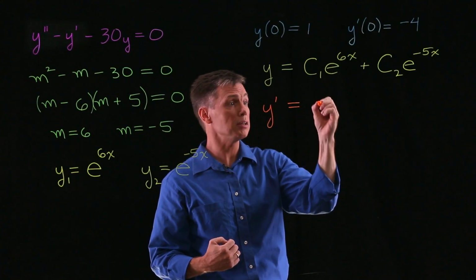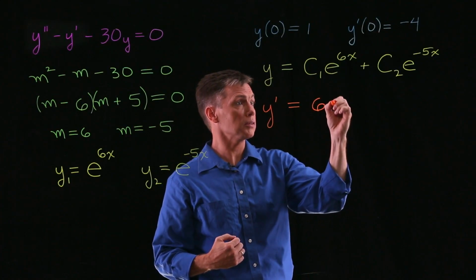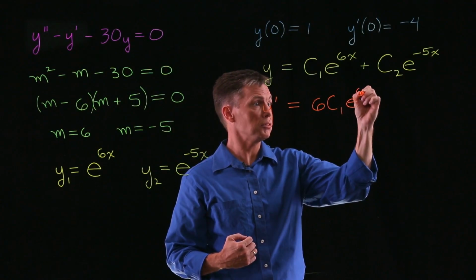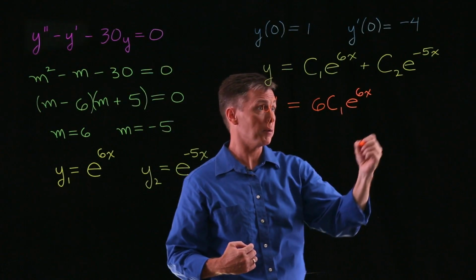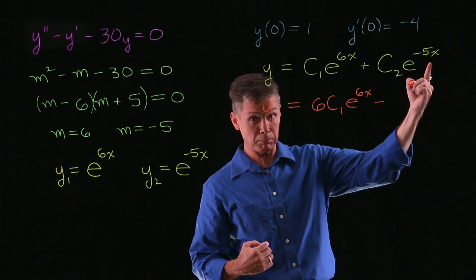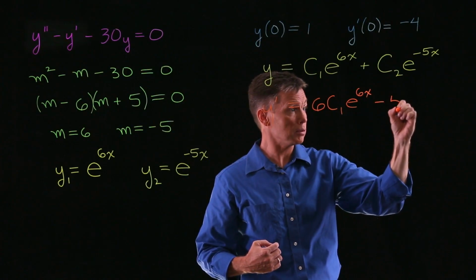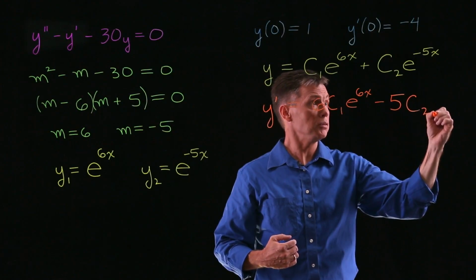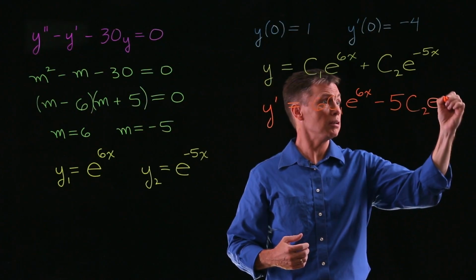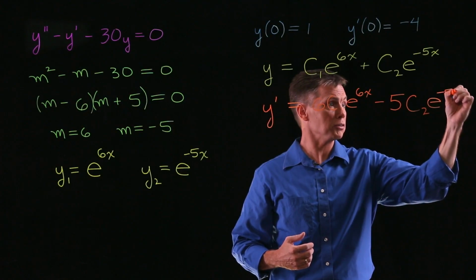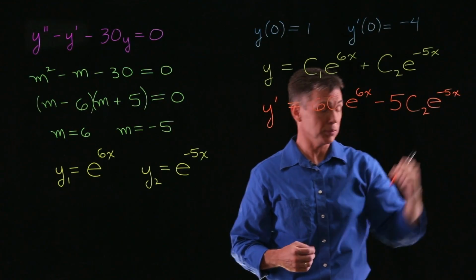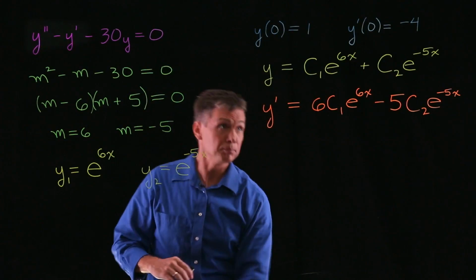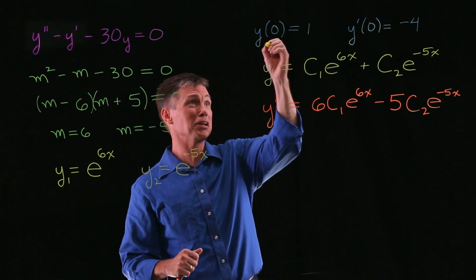If I differentiate this, I'm looking at 6 c sub 1 e raised to the 6x power minus 5 c sub 2 e raised to the minus 5x power, because that minus 5 will come out in front and multiply.